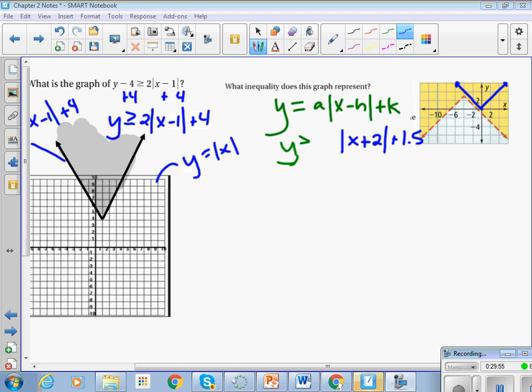So that means my k is 1.5. And I can see that my slope is down 1 over 1. So the slope doesn't change except it is a negative, so it pops it down.